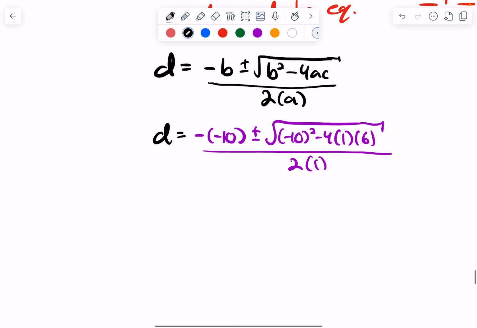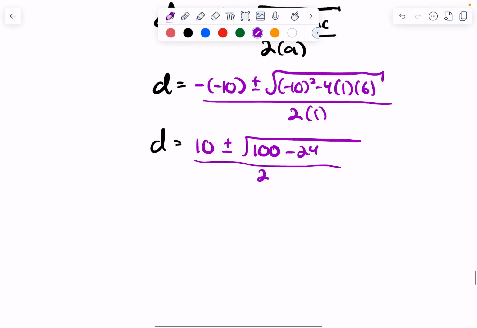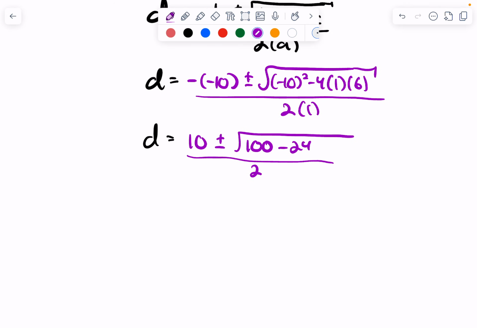So we get d equals 10 plus or minus the square root of 100 minus 24, all over 2. So then d equals 10 plus or minus the square root of 76, all over 2.